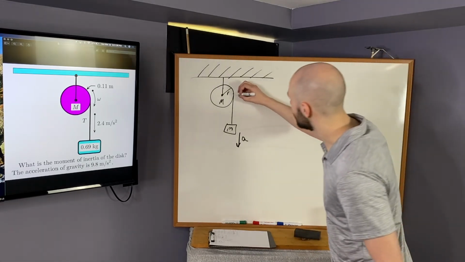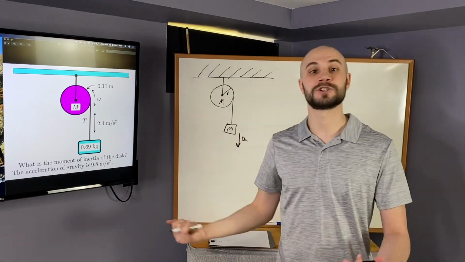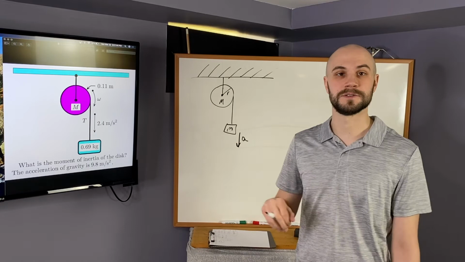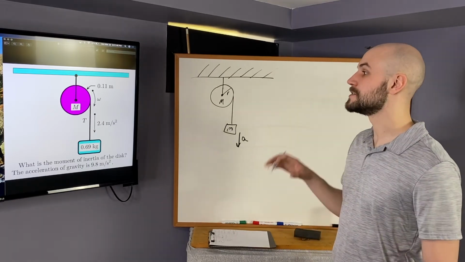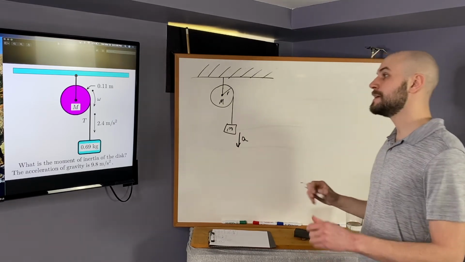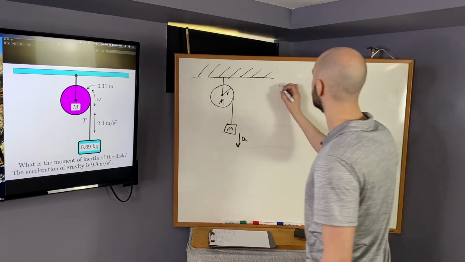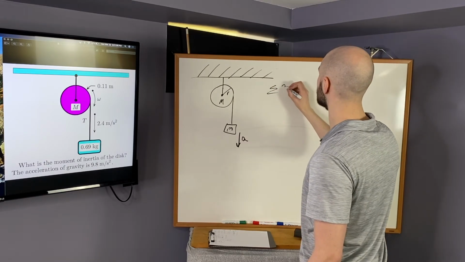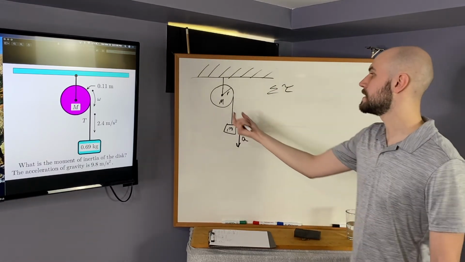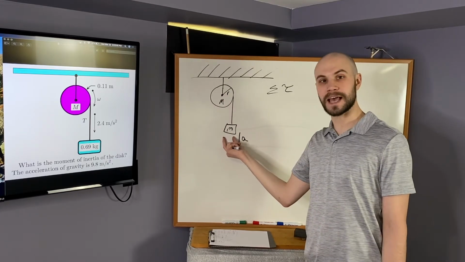Like we talked about in class, we can't assume our pulleys are massless or frictionless anymore. We have to use the information to analyze these more true-to-life situations. When it comes to these types of problems, we're going to look at the net torque acting on our disk here, and we're going to look at the net force acting on this box.